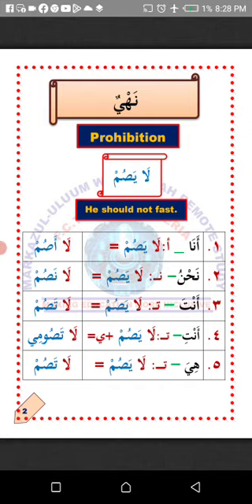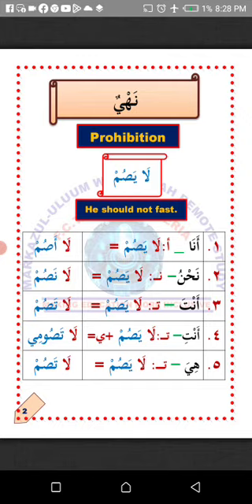Remember, once yaun is attached, the letter before it must take kasra, as we know that yaun is the mother of kasra in Arabic. Now that our mimun is taking kasra, we can now retain our lost wawun. So the verb la yasum will now become la tasumi. La tasumi, which means you should not fast. Talking to a single female person.